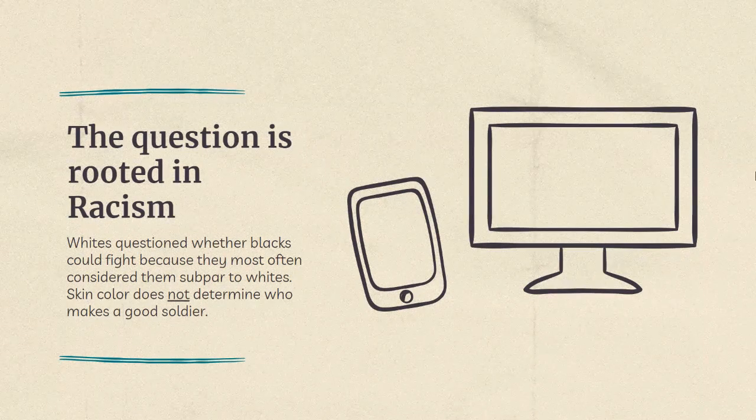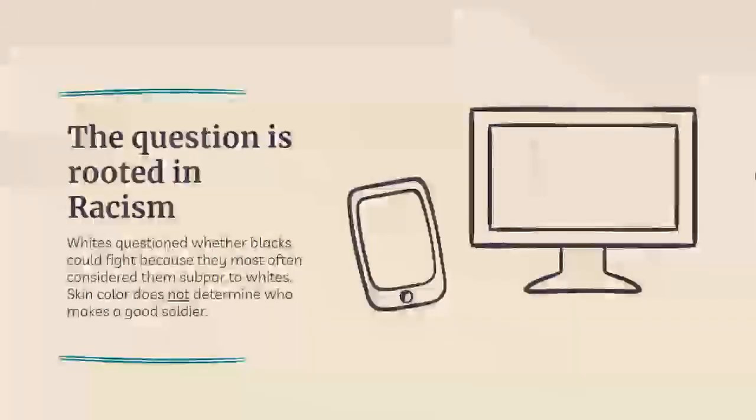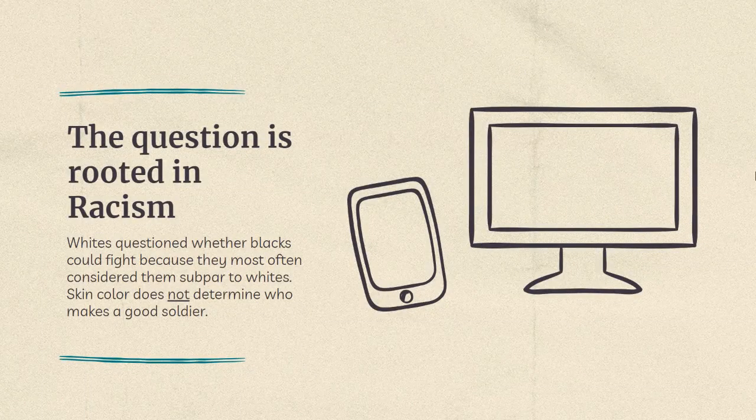Whites questioned whether blacks could fight because they most often considered them subpar to whites. Of course, skin color does not determine who makes a good soldier. That is why that question is rooted in racist thinking, because the question is about whether or not a person of a certain skin color could be good at something because of their skin color.